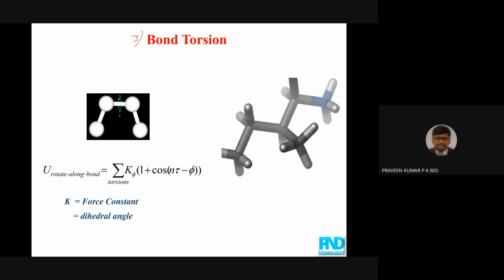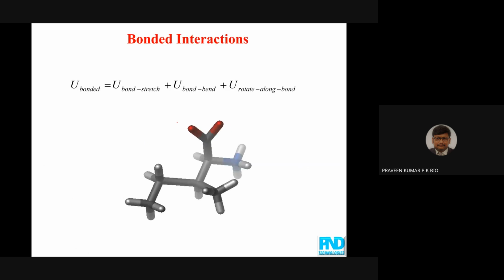In bond torsion, you can see this atom is rotating along the axis. We can calculate this bond torsion through k phi (1 plus cos(n tau minus phi)), where phi is the phase angle. This is how to calculate the bond torsion.